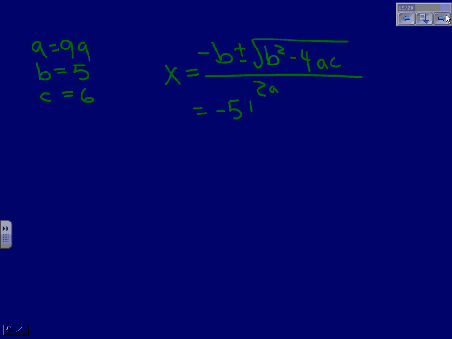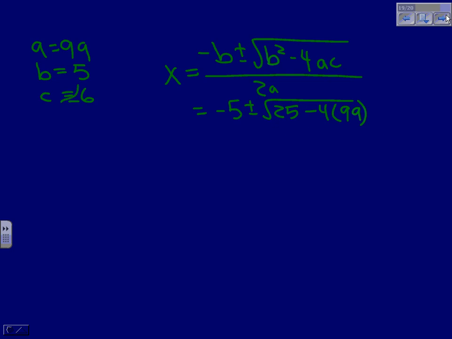Negative 5 plus or minus the square root of b squared, that's 25, minus 4 times a, which is 99. What did I do? Oh, good. Because I'm like, I got a negative under the root. That's the unacceptable thing. I love the quadratic. That's sarcasm, by the way.